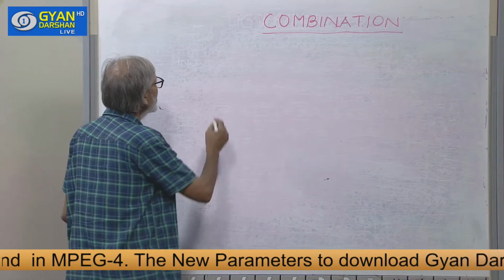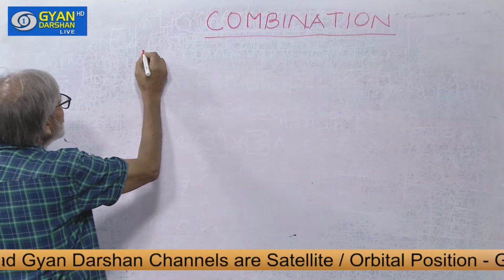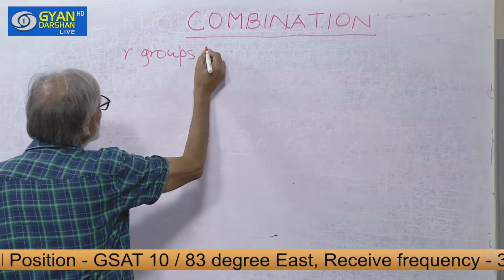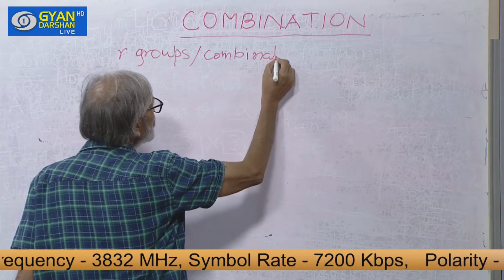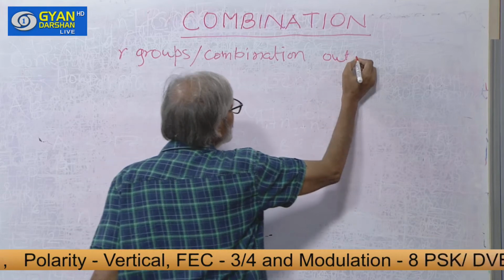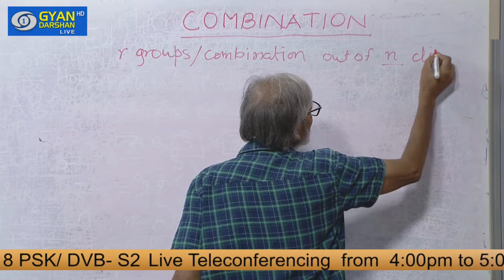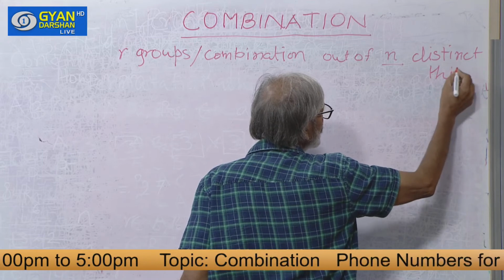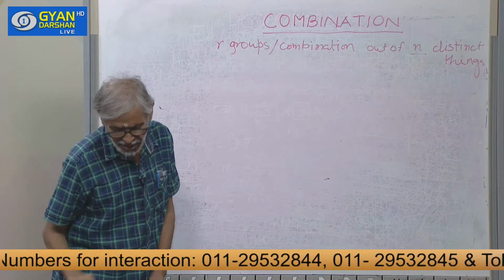So, if we have to select or choose r groups or combinations out of n distinct things, in how many ways can this be done?